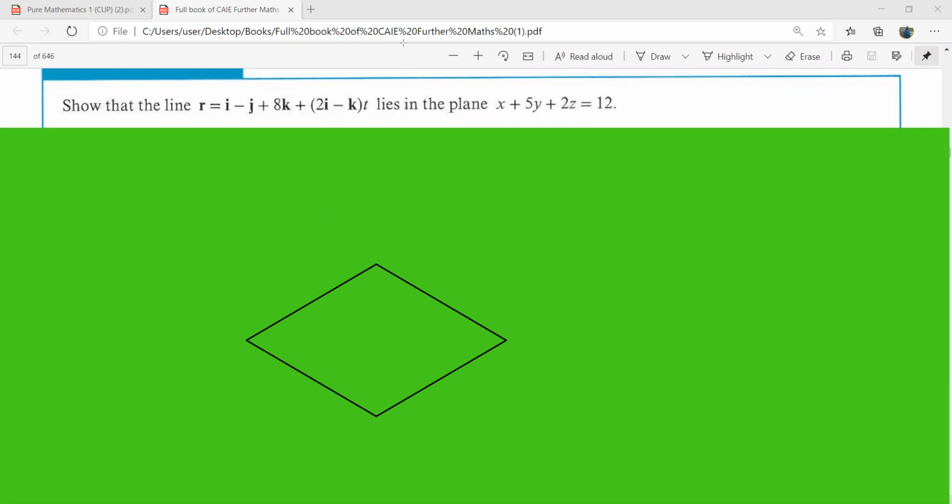It can either pass through or it can lay on it. Okay, first of all, very good. First of all, the line can pass through the plane. Okay, what else? It can lay on the plane. Yeah, it can be lying on the plane.